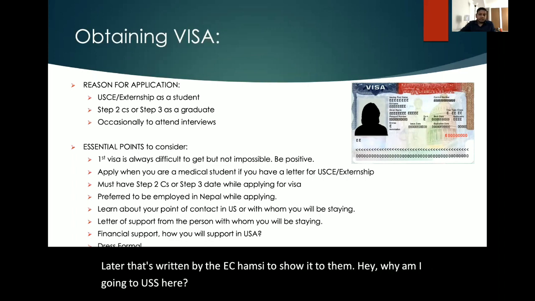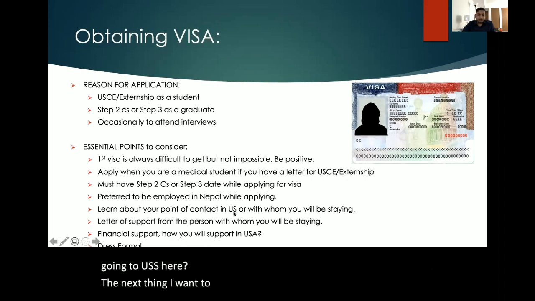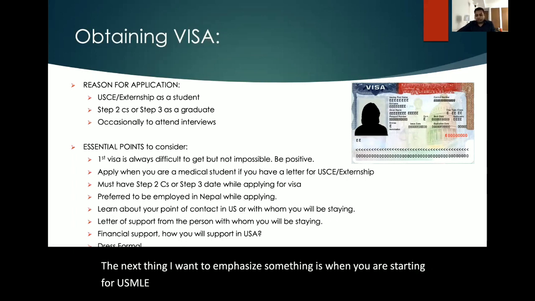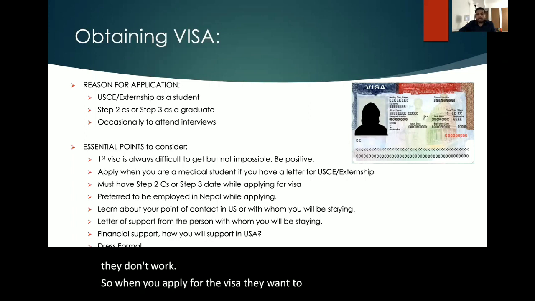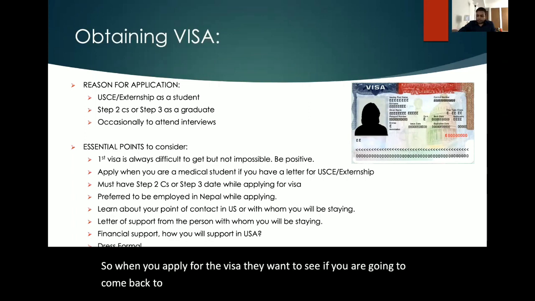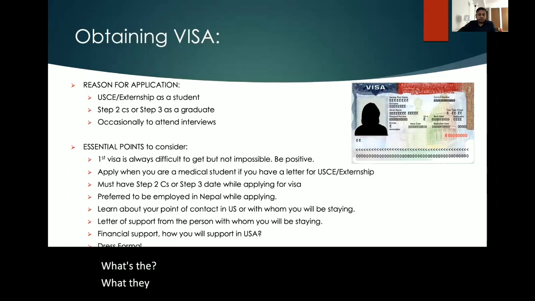The next thing I want to emphasize is that when you are studying for USMLE, usually everybody tries to study by sitting in a library and they don't work. So when you apply for the visa, they want to see if you are going to come back to Nepal. What's the one motivation that you can show them that you are coming back to Nepal?